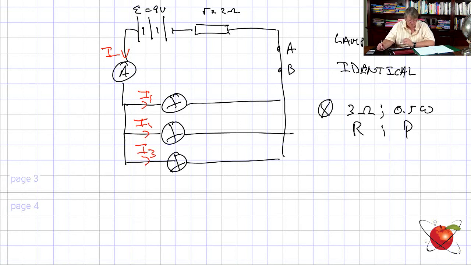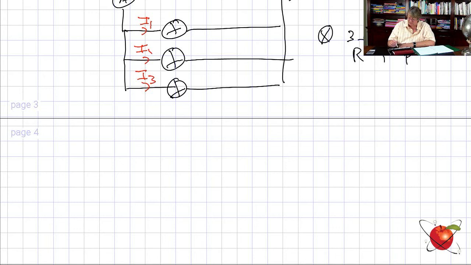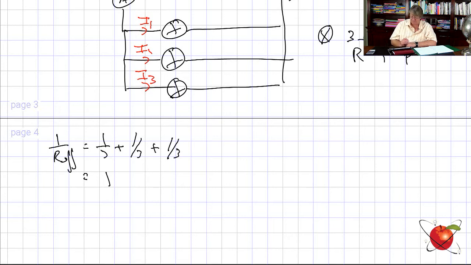Note, we've got R, but what can we do first? Well, we can calculate the resistance, can't we? All right? Because we know that the resistance is 3 ohms. So therefore, we calculate it. How? It's 3 in parallel. So we go 1 over R effective is 1 over 3 plus 1 over 3 plus 1 over 3. The answer is going to be 1.